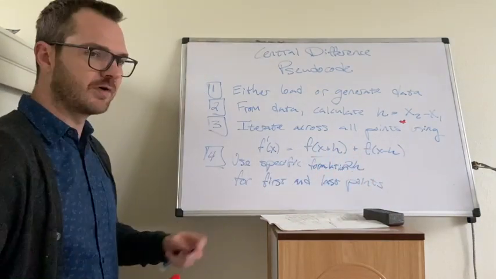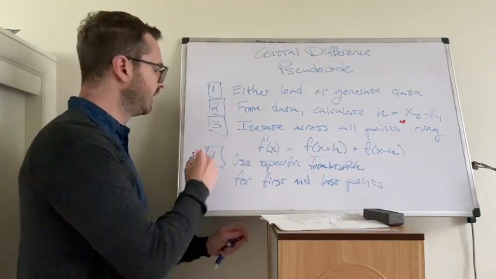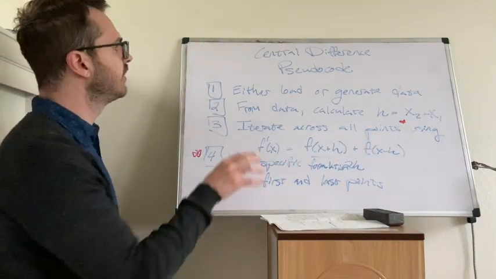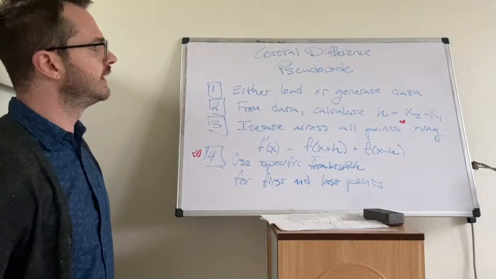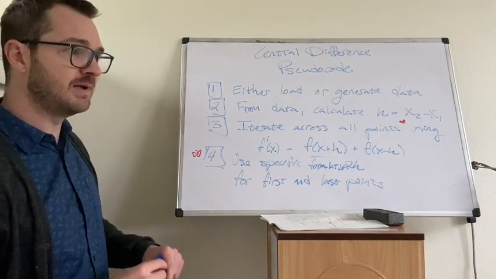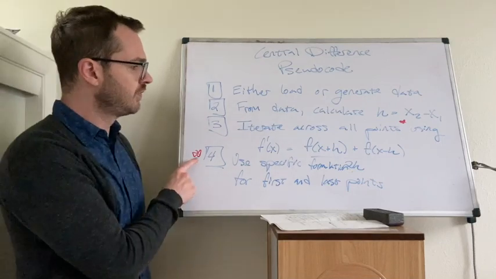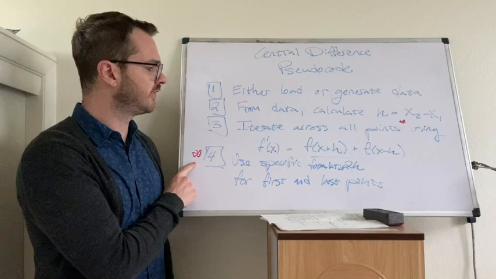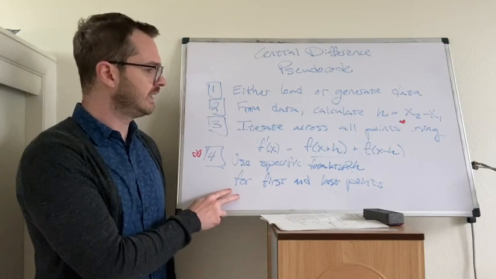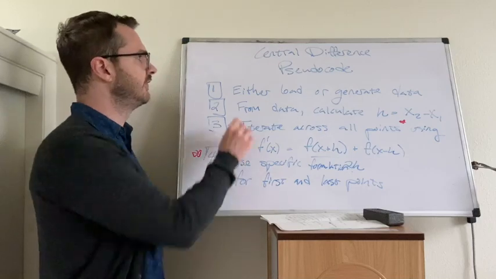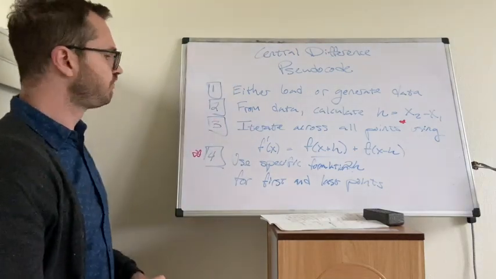So this first and last points, that was my comment about iterating across all points. Just remember, using central difference, you can only calculate it for the data points in the middle. Central difference cannot be used for first and last points. We're going to cover this part in the next videos. I'm going to talk about how to get the slopes at the first and last points with the exact same accuracy as the central difference.